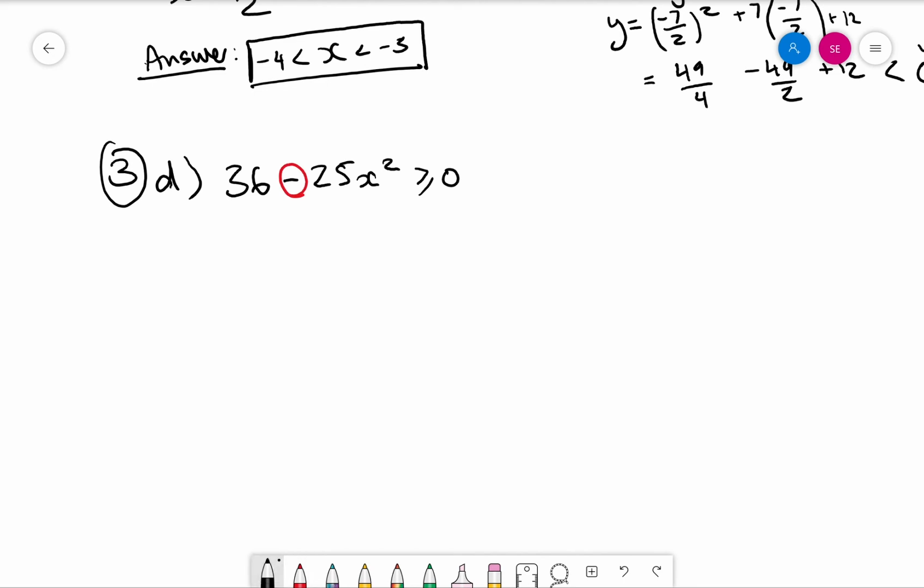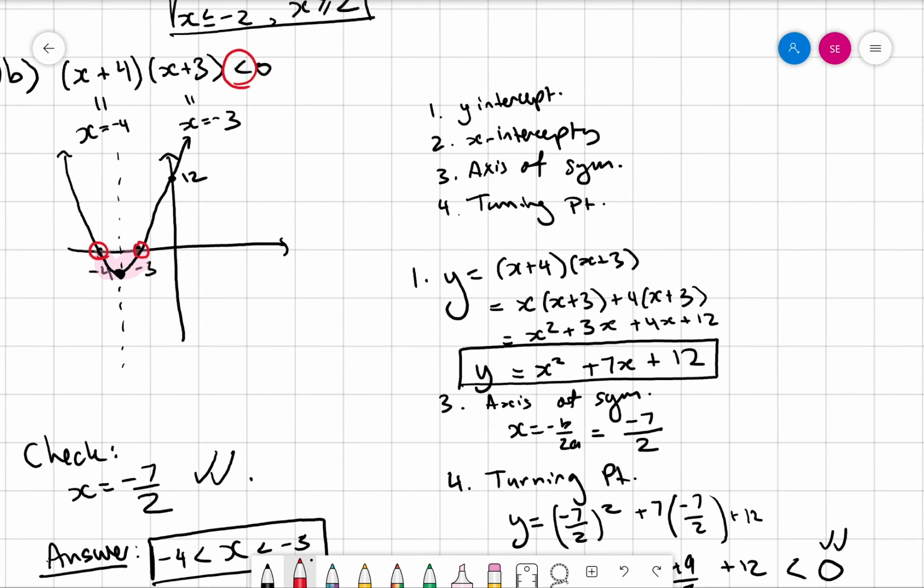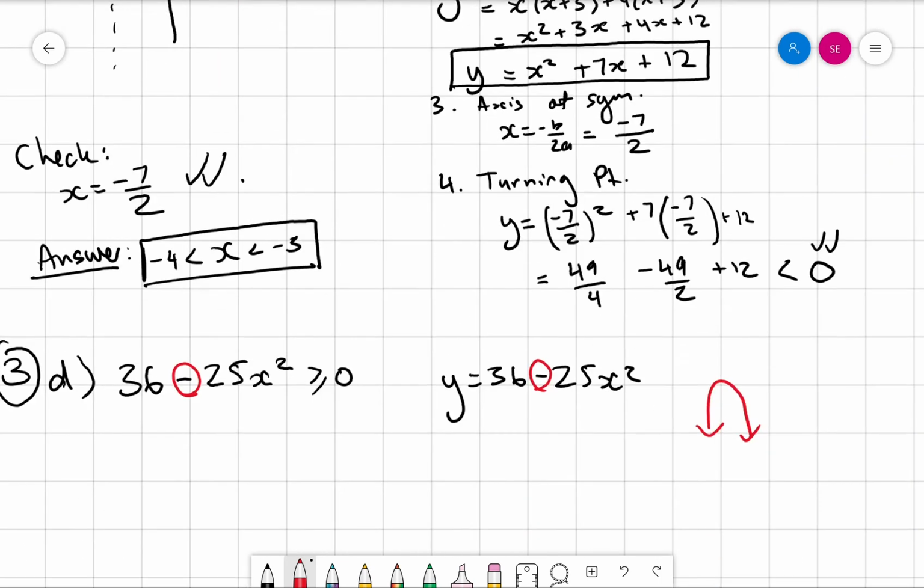So if we were to write this as a graph, that minus is going to mean that our graph is going to be a frowny face, as opposed to the smiley faces we've been looking at.